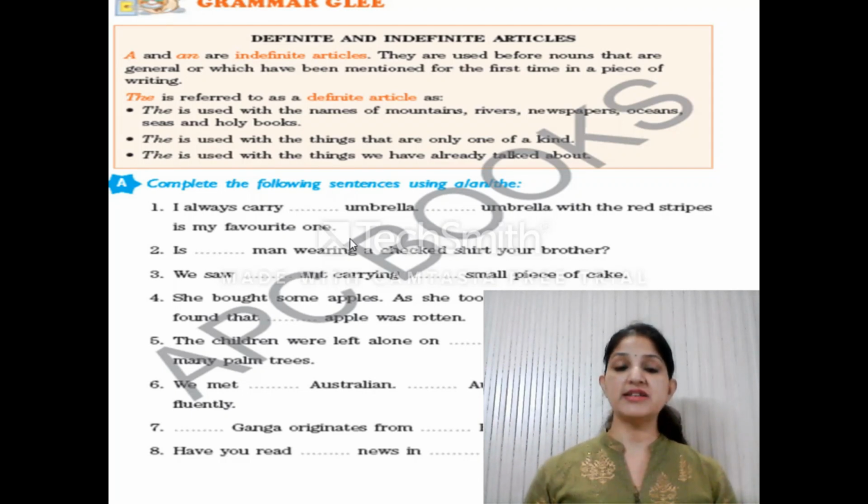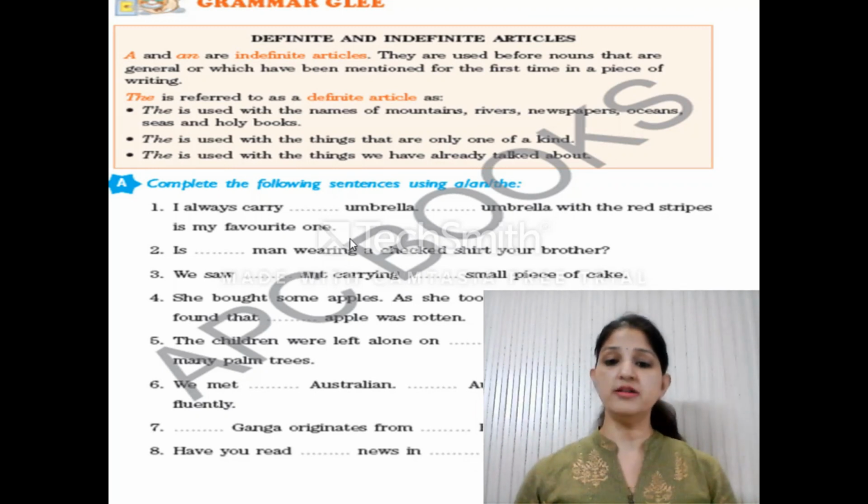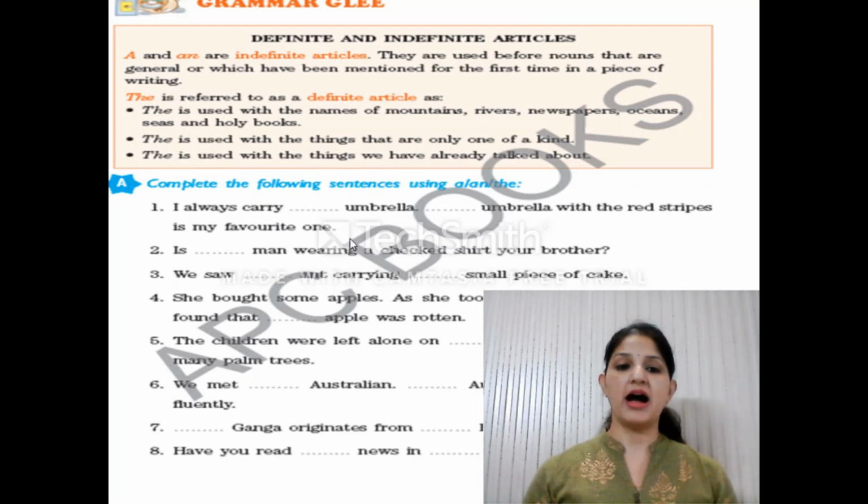Now let us complete the following sentences using a, an or the. The first one is: I always carry dash umbrella. Dash umbrella with the red stripe is my favorite one. As you can see, in both blanks we have to give an article for umbrella.